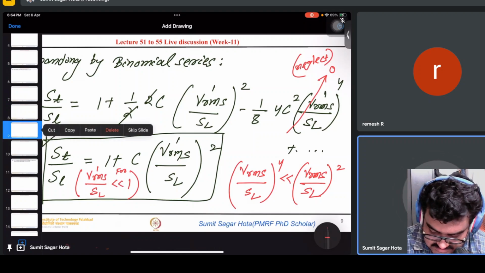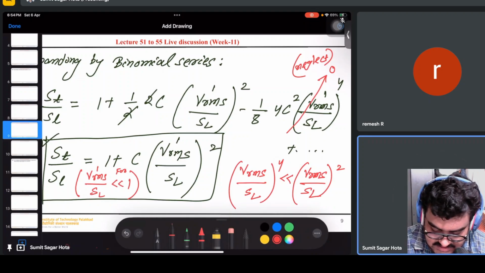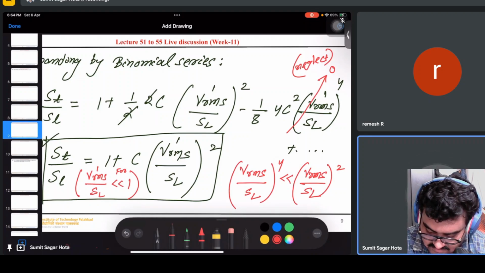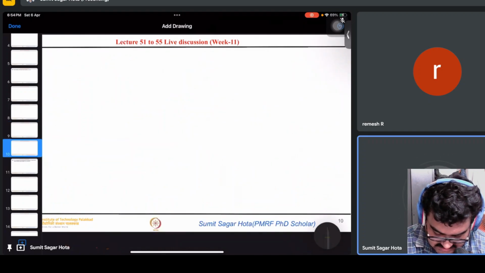Only for this condition is this formula applied. If nothing is mentioned, just directly take this formula. This is the default also. Mostly for all the numerical and MCQ questions you can directly take it if nothing is mentioned.